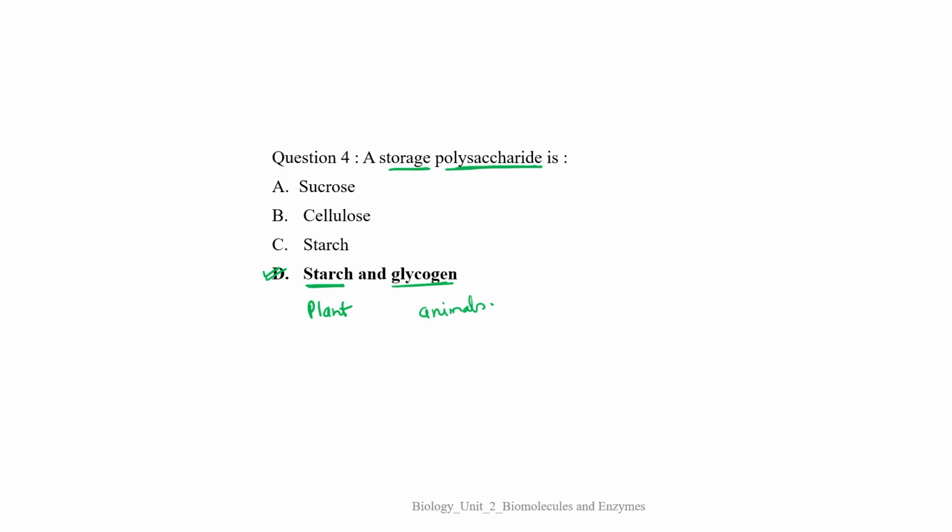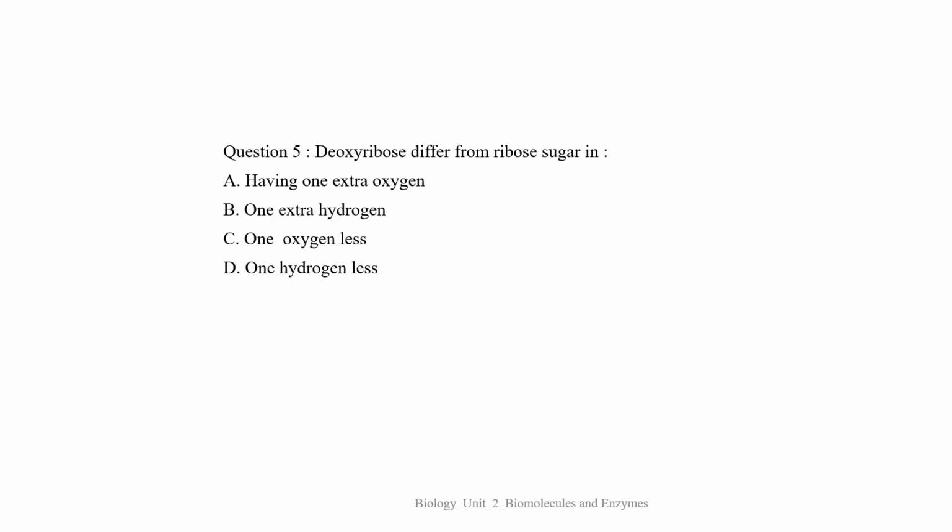Clear? Now let's move to the next question, that is question number 5. In question number 5, they have mentioned that deoxyribose differs from ribose sugar in: A, having one extra oxygen; B, one extra hydrogen; C, one oxygen less; or D, one hydrogen less.